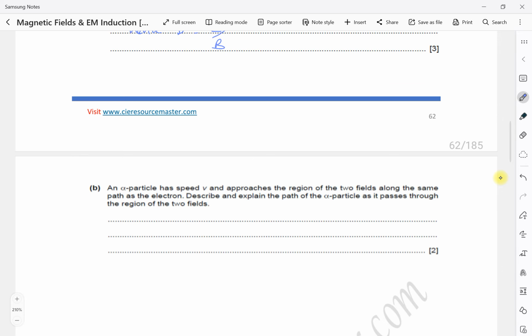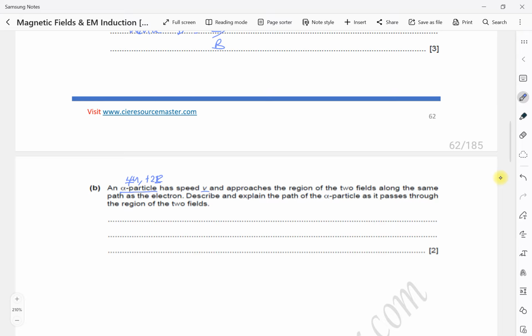An alpha particle has speed v. It is an alpha particle whose mass, we know that the mass is 4u, the charge is positive 2e, and approaches the region of the two fields along the same path as the electron. Describe and explain the path of the alpha particle as it passes through the region of the two fields.